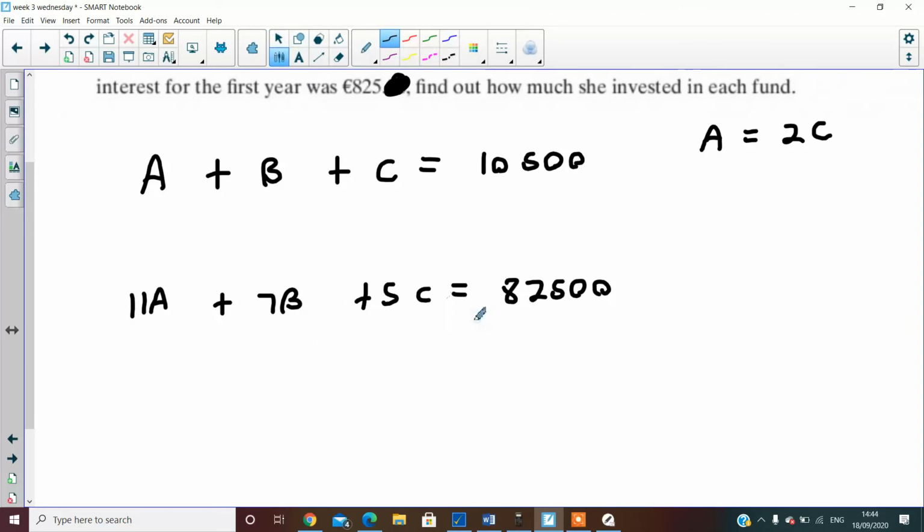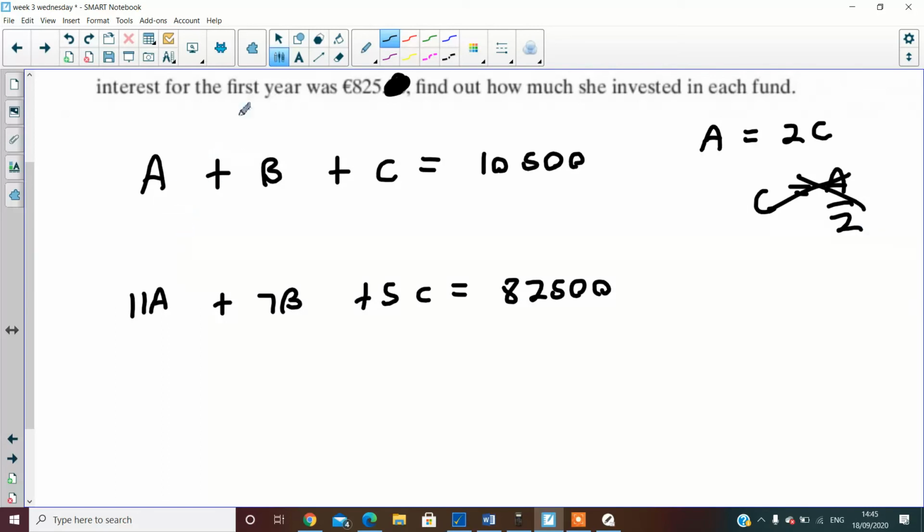Now, okay, guys, here's the next part. What we're going to do is get rid of the A's, believe it or not. Why will I get rid of the A's? If I get rid of the C's, what am I introducing? A fraction, haven't I? Fractions are evil, so we're not going to do that. So this time, I'm going to break my normal routine.